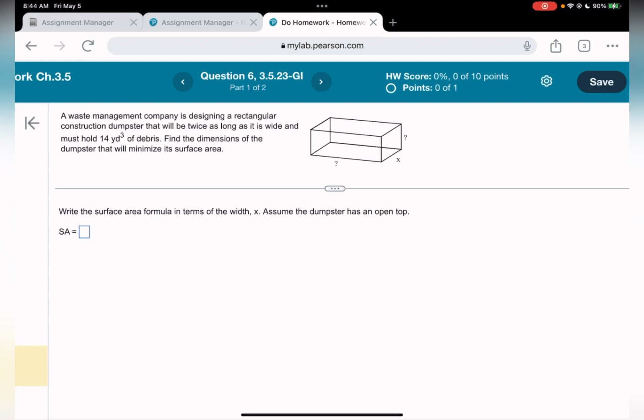And it must hold 14 cubic yards of debris. Find the dimensions of the dumpster that will minimize its surface area. So let's start working.